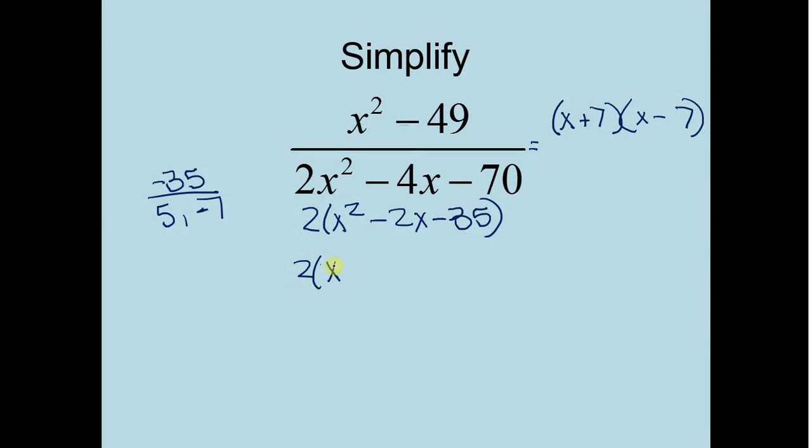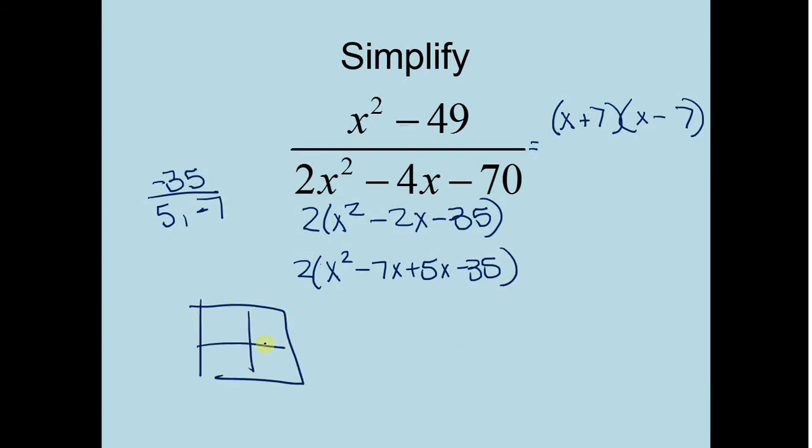So rewrite the inside like that. Let's box the inside here. There we go. Fill in our outsides. Greatest common factor here is an x. Pull out an x this way as well. Negative 7 and a positive 5. So on the bottom, I'm going to have x minus 7, x plus 5.